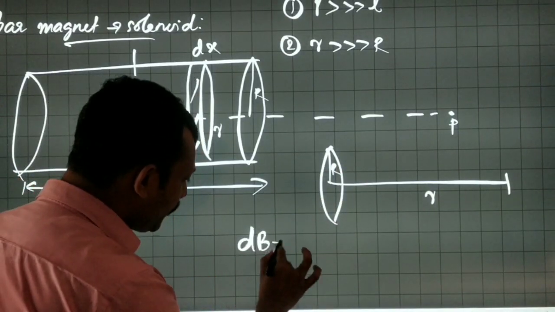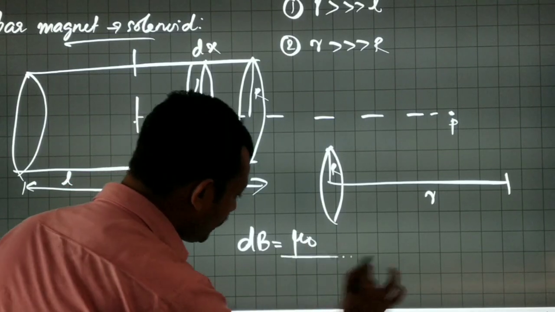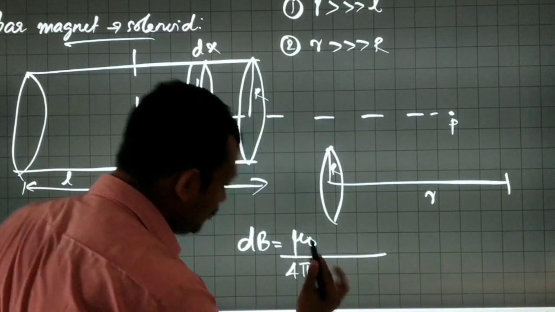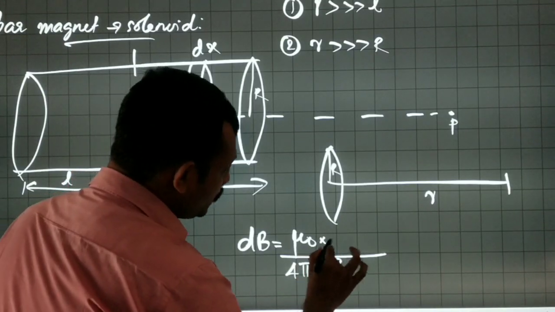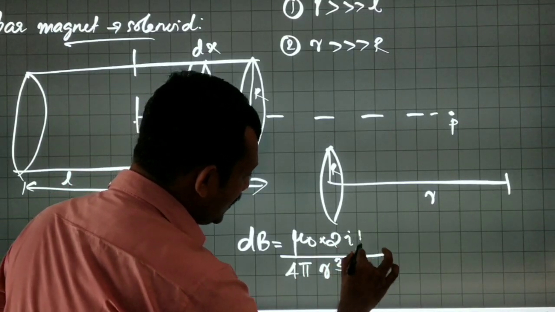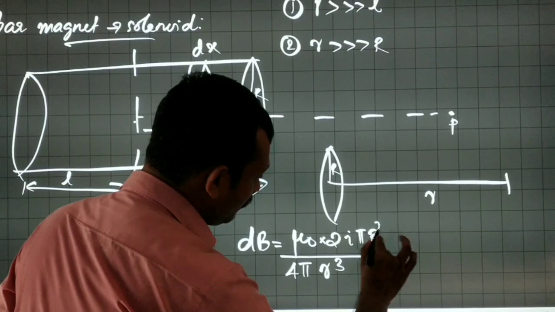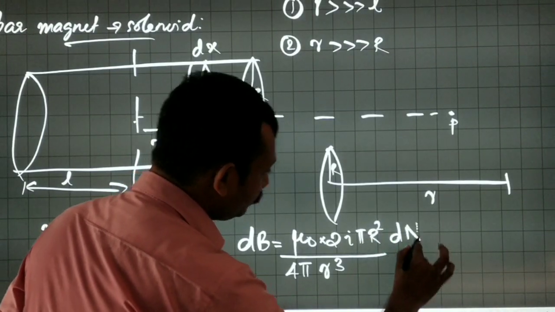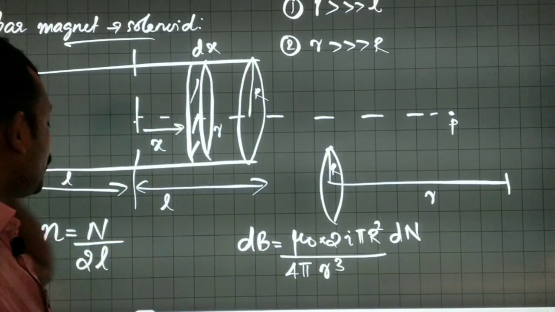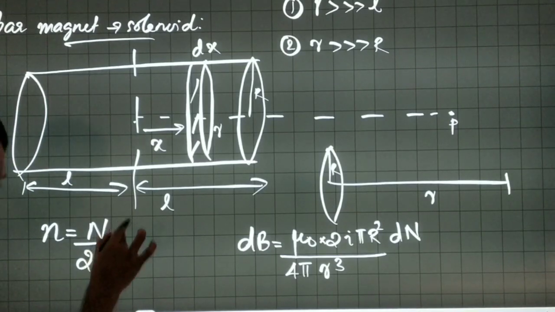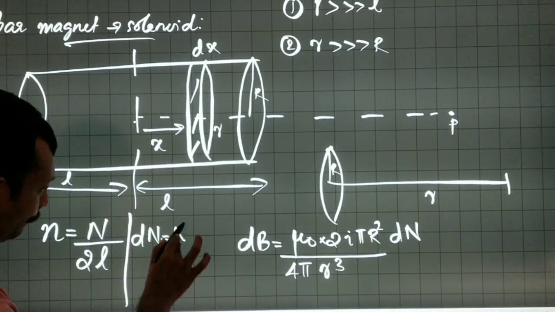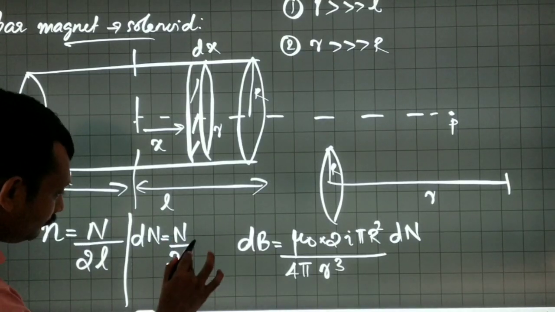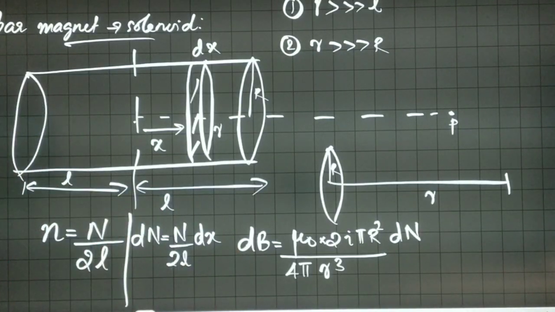dB is the magnetic field produced by this element. This is mu 0 divided by 4 pi r cube into 2 into I into pi r square into dn, where dn is the number of turns associated with this element. Now from here I can say dn is equal to n by 2L into dx.